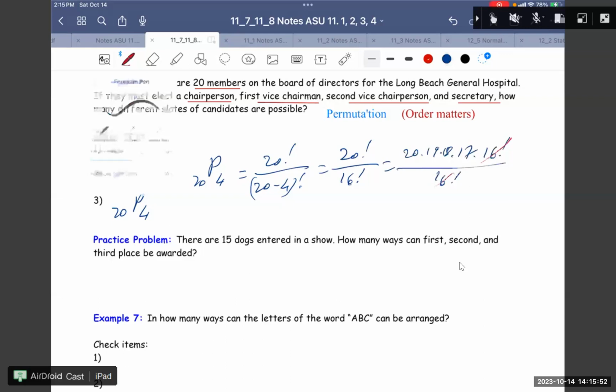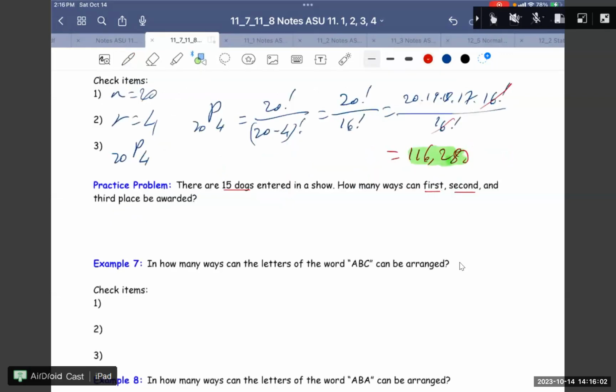So we have the next one. There are 15 dogs entered in the show. They can win first, second, and third place awards. So what do you think for this? The place award. So this one, order matters, right?